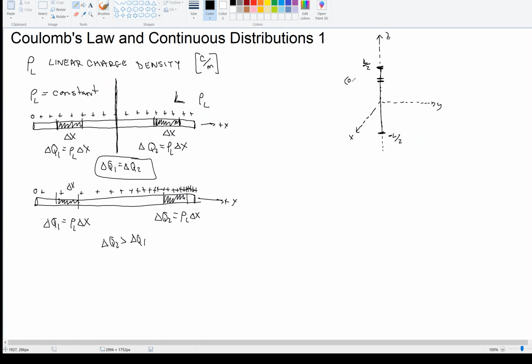It's on the rod, so it's got 0 x, 0 y coordinates, and we're going to say that that is at Z prime. This is the notation that we'll often use in our course. Z prime represents the location of an infinitesimally small or thin point that we're considering. And we're going to say its thickness is dz prime. So that thing has a thickness of dz prime, like that.